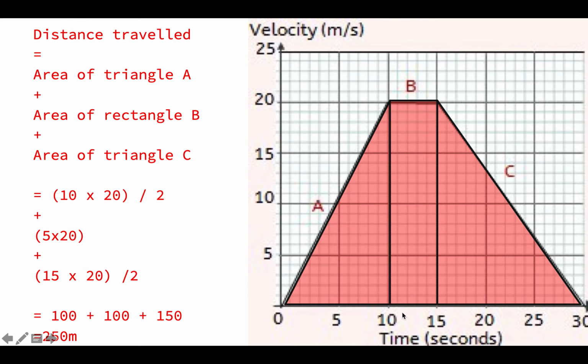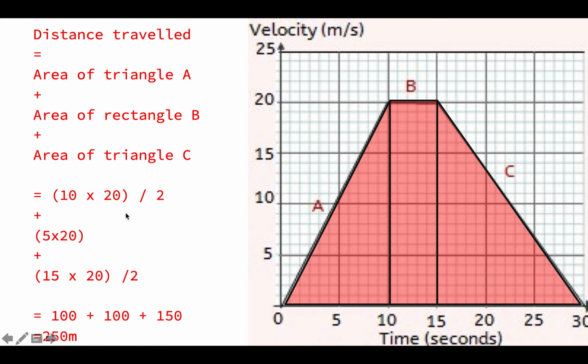Next bit is quite simple, so the base is 5 and the height is 20, so the area of this rectangle is 5 times 20. And finally we have our third triangle here. The area of that is the base 15 times the height, 20 divided by 2.